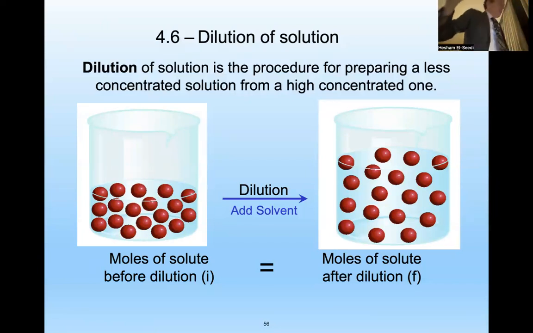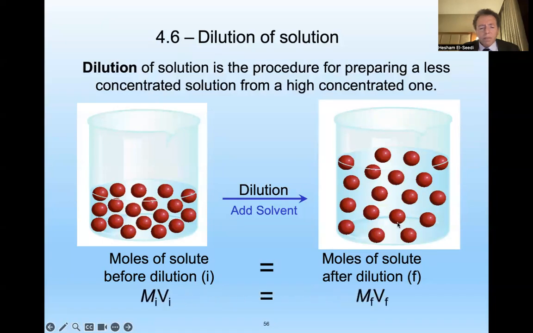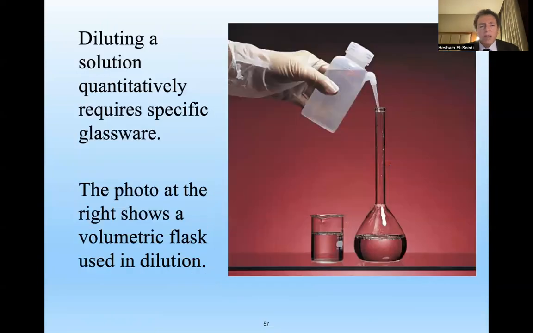When it is a diluted solution, this means that it is made more and more diluted, right? This will give you a dilution solution, right? So this is an example of moles of solute, M1V1 equals M2V2. And this is just a photo of how to dilute a solution.